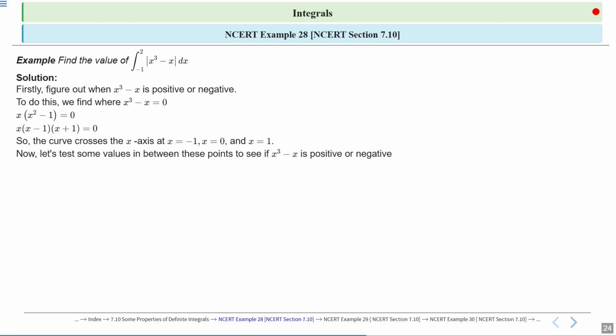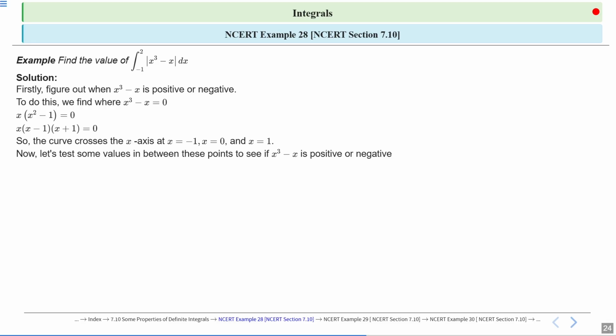This is the way we can figure out any function is positive or negative in which interval. At first we find the value of roots, and that point suggests from where it cuts the x axis. So when we get the roots, that is 0, 1 and minus 1, it suggests the curve crosses the x axis at minus 1, 0 and 1.